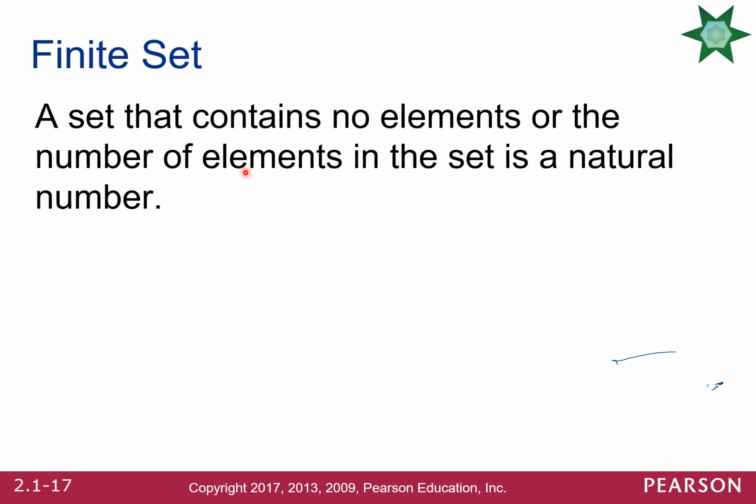First, it may not have any elements, it may be an empty set, or if it has elements in it, the total number of elements in the set is a natural number.